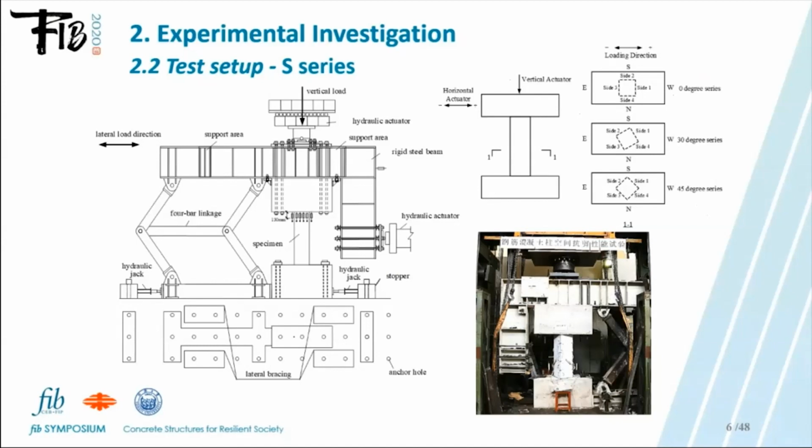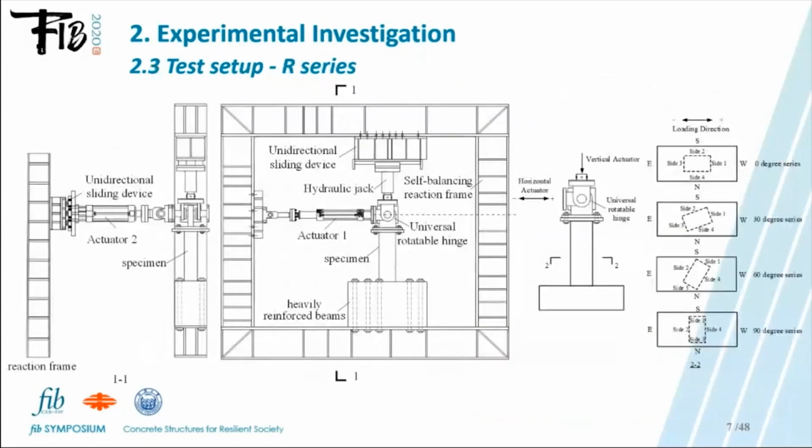The specified axial load was applied on the specimen by the vertical hydraulic actuator, acting on the loading frame through the axis of the top section of each specimen. The uniaxial lateral loading was applied by the horizontal hydraulic actuator through the mid-height of the column. Any rotation of the top beam was prohibited by the 4-bar linkage.